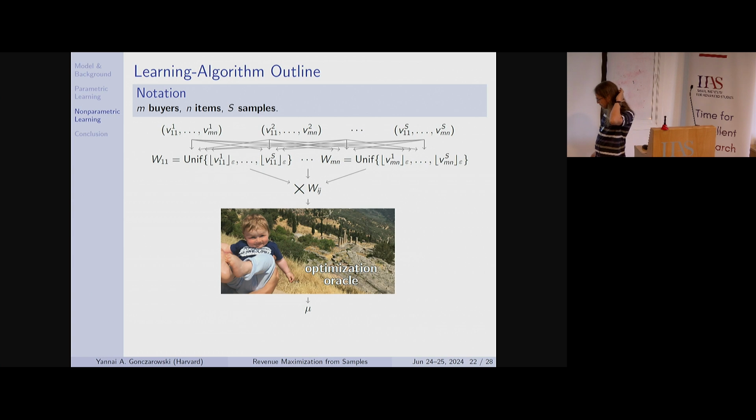Can you explain what it means, W11 equals unif something? It's the uniform distribution over this multiset. So you form a new random variable? I form a distribution, a random variable if you wish, that is the uniform distribution over all of the samples I get from buyer 1, item 1, but I round down each of them to a multiple of epsilon.